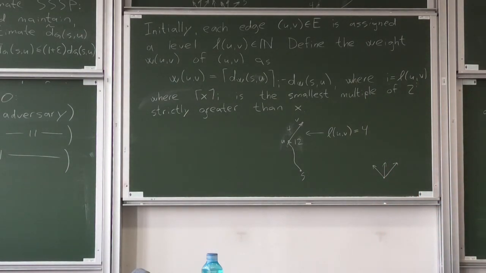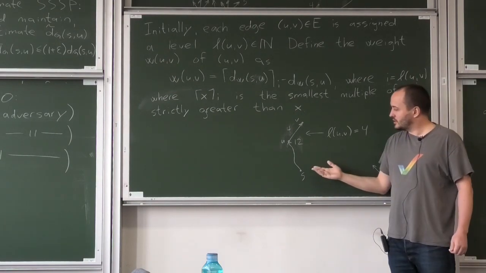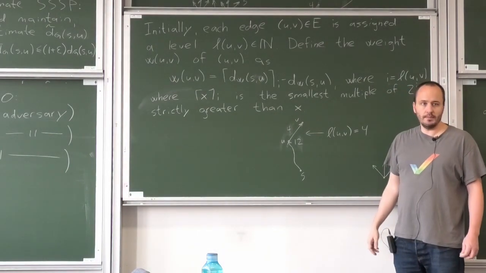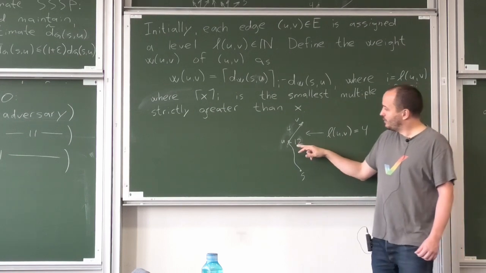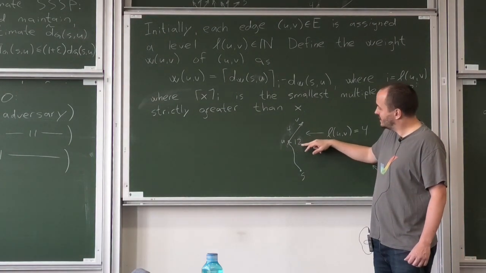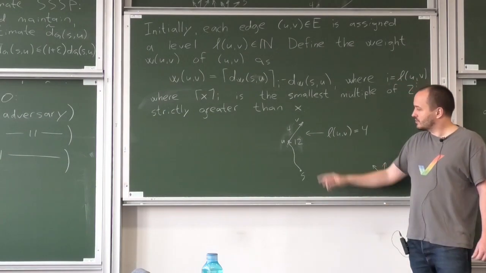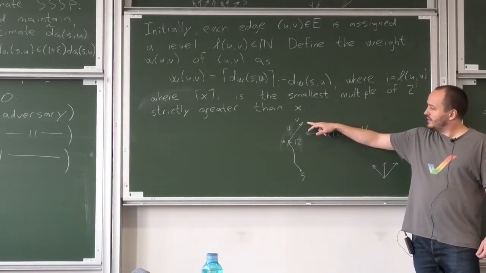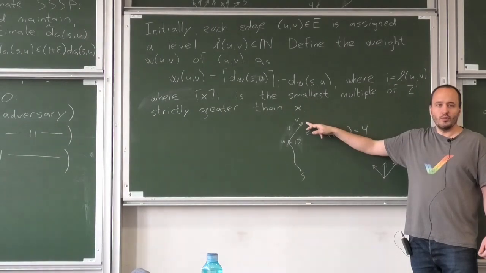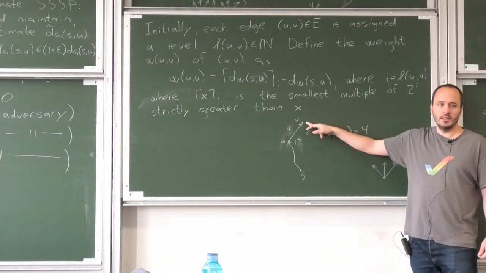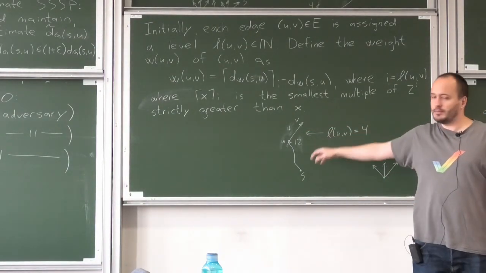But you can see what happens now. We are in the decremental setting, so distances will increase over time. And what you can see here is that when U increases its distance from S, it doesn't need to communicate anything to V before what? When does it need to communicate something? In this example here.